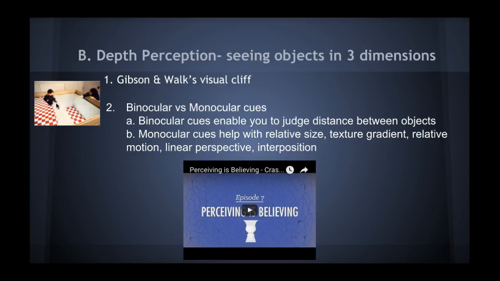Linear perspective, if you've ever drawn linear perspective drawings with the vanishing point, that's what we mean by linear perspective. And interposition, this idea that just because something is interrupting in front of you, maybe you have 2 people standing in front of another person, your brain is interpreting that they're standing in front of, and not interrupting, the person behind them.